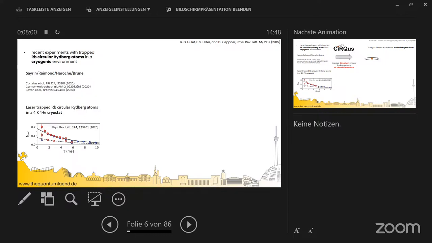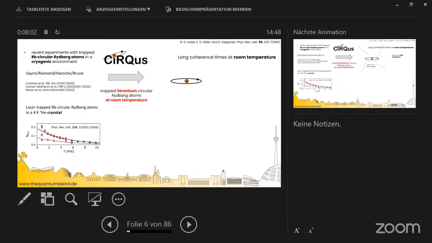So we have tried to go a different route, and do that with strontium. The idea is to build an experiment that works completely at room temperature, without any need for cryogenics. And the idea is pretty simple.